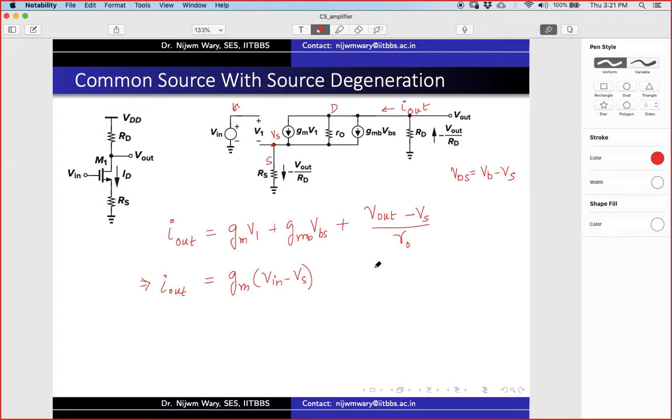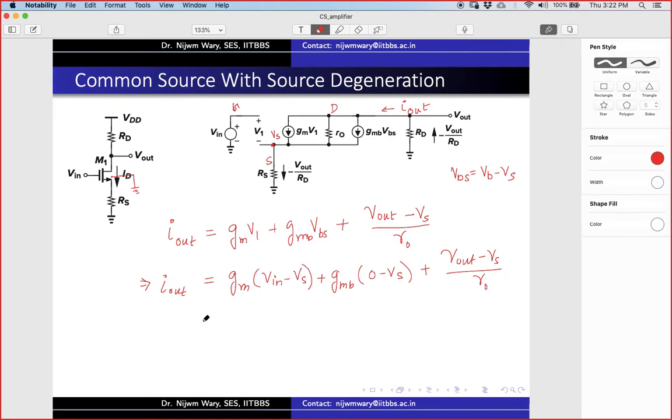So what is V bulk? It is ground, right? Bulk we have connected to the ground, so bulk terminal will always be connected to the ground. So this is 0. So VBS is 0 minus Vs. And what I have here is V out minus Vs by RO, right?